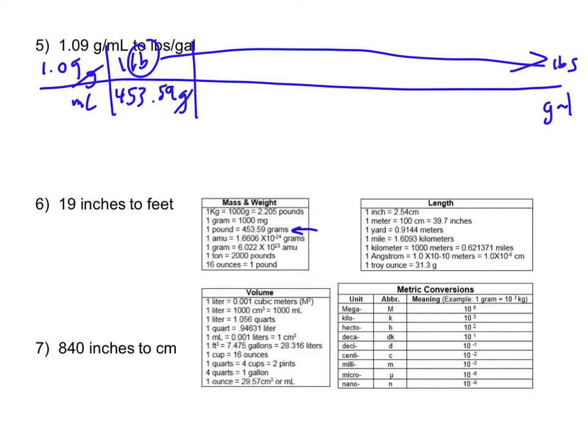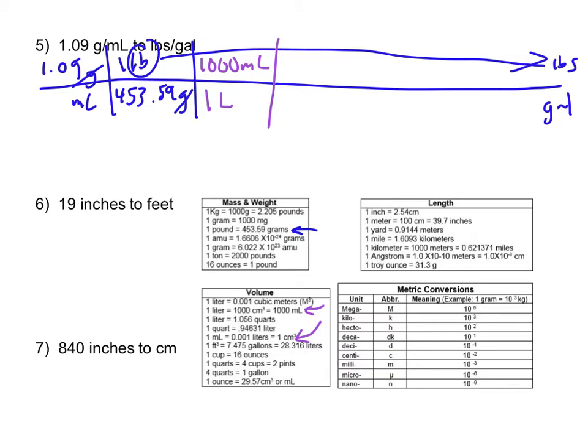Well, down here I see my conversion from milliliters to liters. There's also one right here. That one's a little neater. I'm going to use that one. In 1,000 milliliters, I have 1 liter.